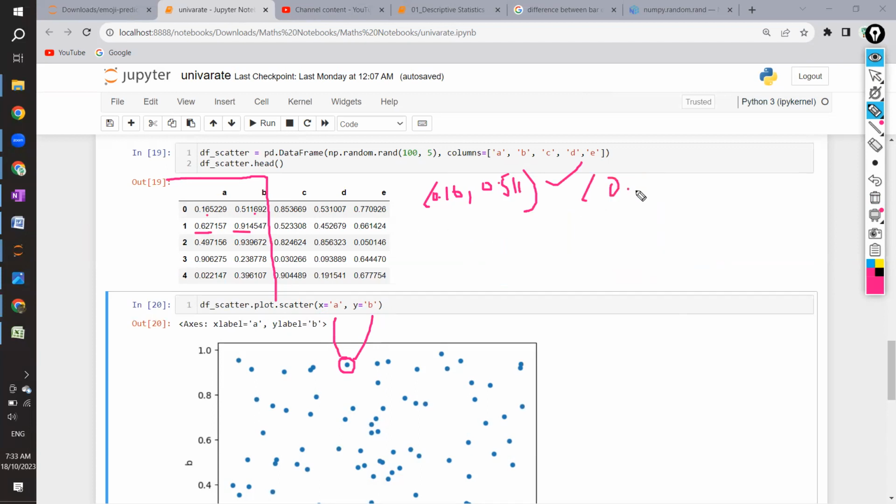Like this it will consider 100 pairs, up to the last 100th value from A and the 100th value from B.